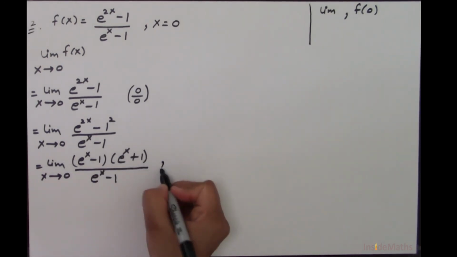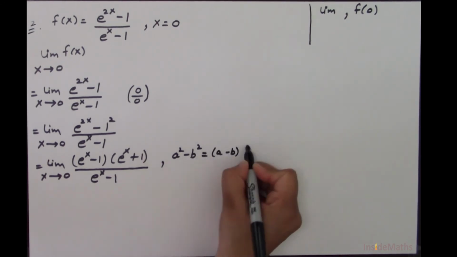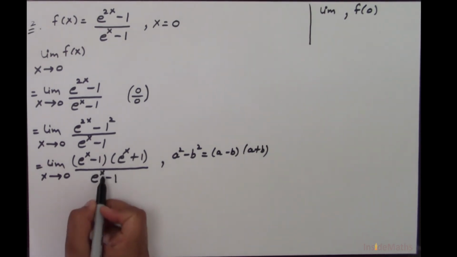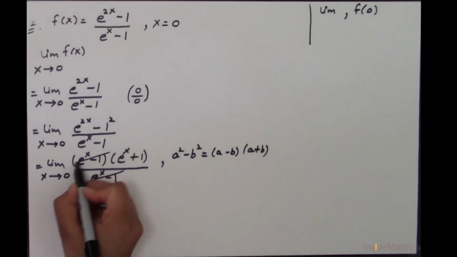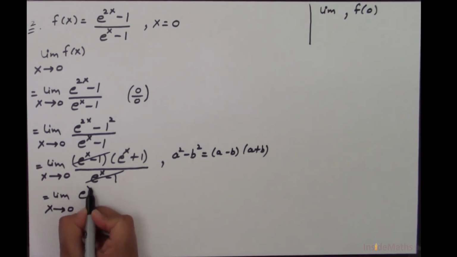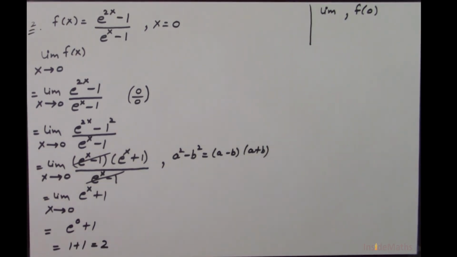I used the formula a square minus b square is equal to a minus b into a plus b to make these factors. Now here I can cancel these like terms. So what do I get? Limit x approaches 0, e raised to power x plus 1. Now I can use the direct substitution method here. So what do I get? e raised to power 0 plus 1, which is 1 plus 1, which is equal to 2. That means the limit of this function exists.